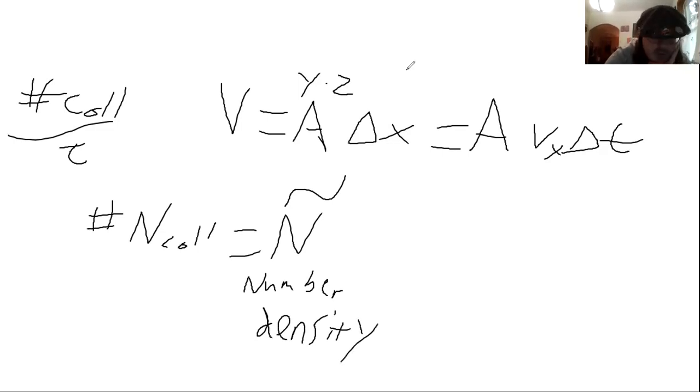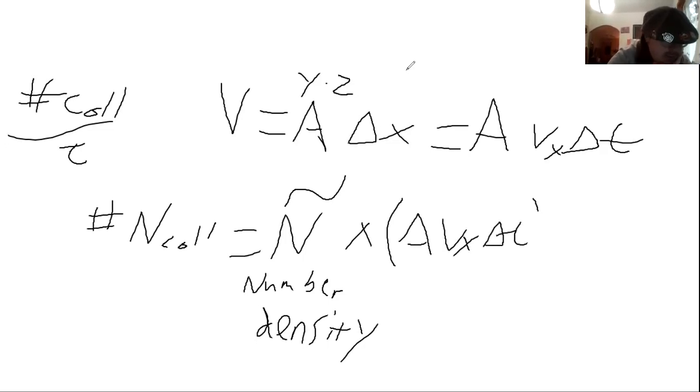And we're going to say the number of collisions then is times, as I said, our A Vx delta t. But it's also times 1/2, because at any given time, half of the gas particles are moving in one direction and half are moving in the other, on average.